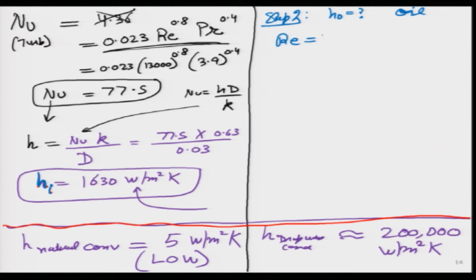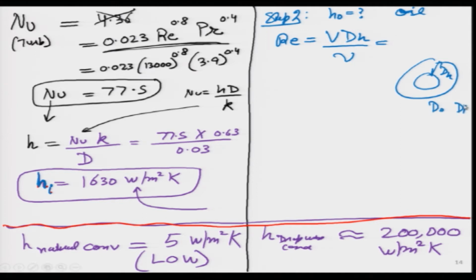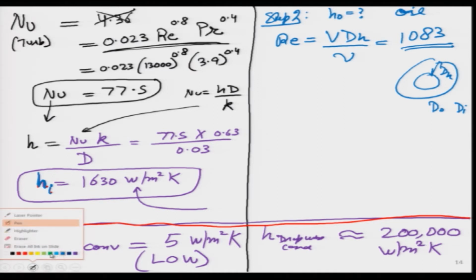For that, we can calculate again using hydraulic diameter divided by nu, because if this is my annular region, then I can figure out the hydraulic diameter based on the difference of D O and D I, the outer and inner diameters. I think this is something we can do very quickly, and it turns out Reynolds number has this value in the case of oil. And this one we can clearly see inside an annular pipe. So, here the flow is laminar.